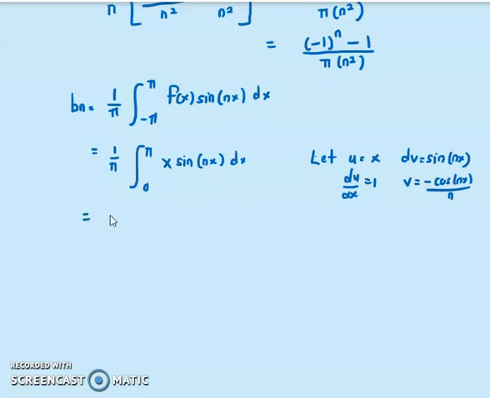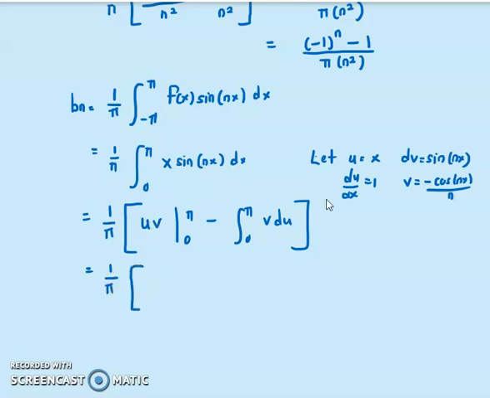Okay, now putting into this formula, we have uv minus the integral of v du. I need to write it in case you don't want to get confused. So u is x, v is negative cos nx over n from 0 to pi, minus the integral from 0 to pi of v, which is negative.